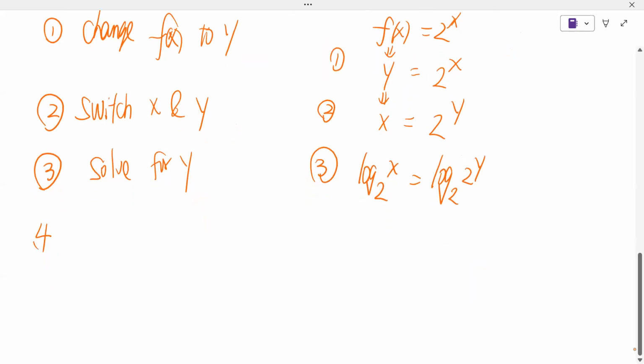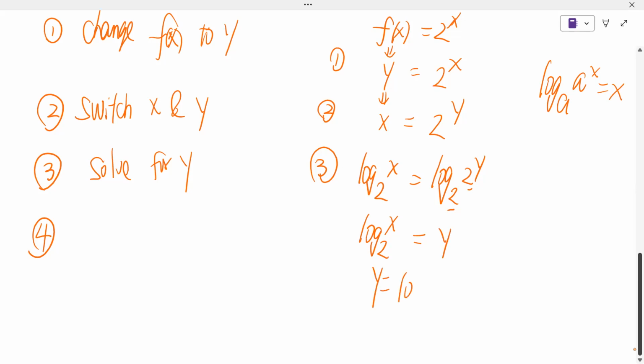Now, this is third step. And the last step, so let's solve for y first. On the right hand side is log 2 of 2^y. For logarithm, when the base and the base of the power are the same, the logarithm has this property, log a of a^x becomes x, right? So here these two cancel each other. Logarithm and exponent, they are inverse of each other, so they cancel each other to end up with y. So now y equal to log base 2 of x.